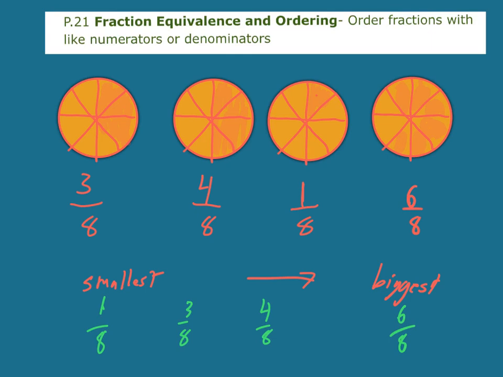So now my numerators are actually going up in order. 1, 3, 4, 6. Because 1/8 would be the smallest amount, 6/8 would be the biggest amount. If I said you could have pizza and you were really hungry, would you want 1/8 or 6/8? 6/8 is the most, that's the biggest. So it's a little bit different when we have common denominators versus common numerators. They actually go in opposite order.